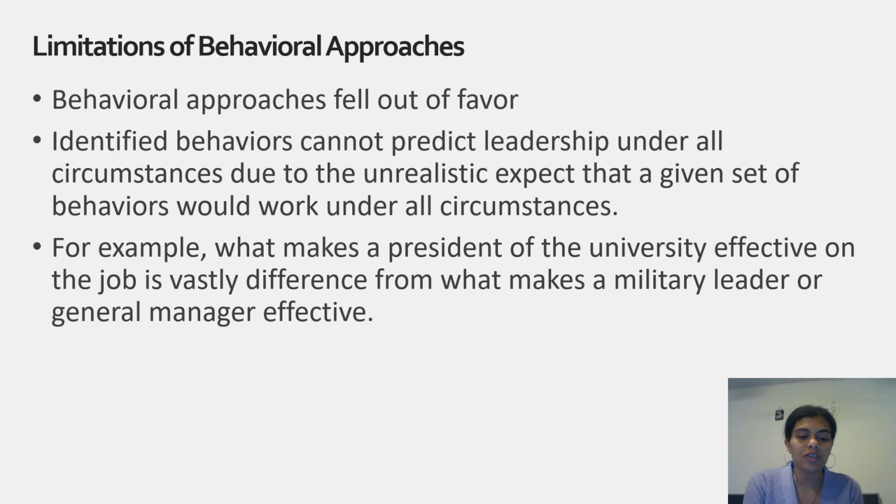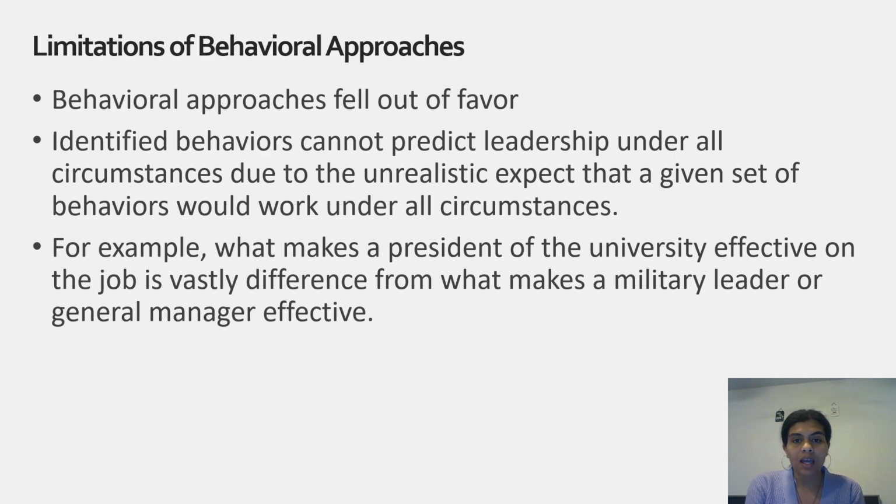So behavioral approaches are very similar to trait approaches, although they fell out of favor because they neglected the environment in which behaviors are demonstrated. The hope of the researchers was that the identified behaviors that we had discussed could predict leadership under all circumstances, though it may not be realistic to expect that a given set of behaviors would work under all circumstances.